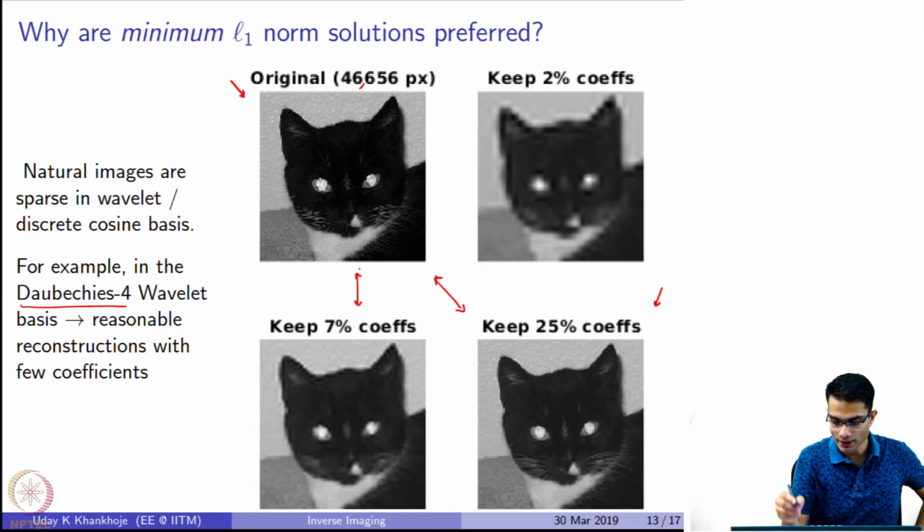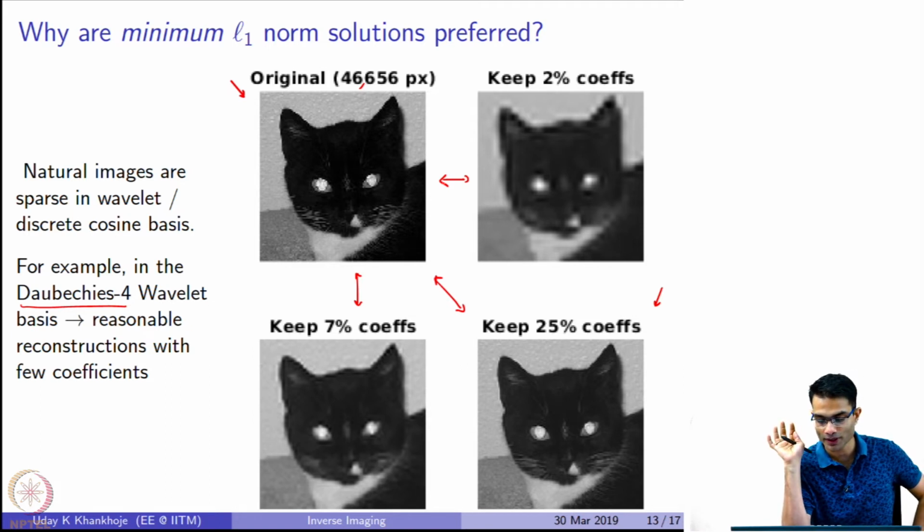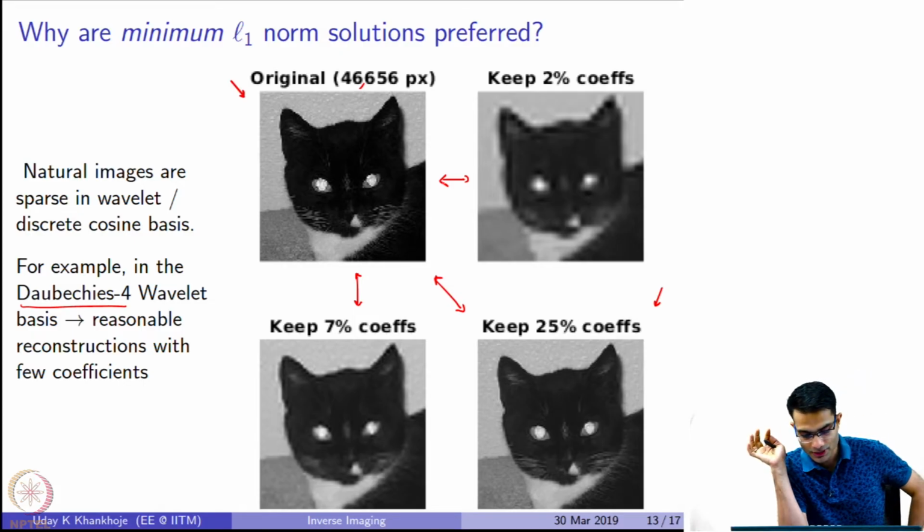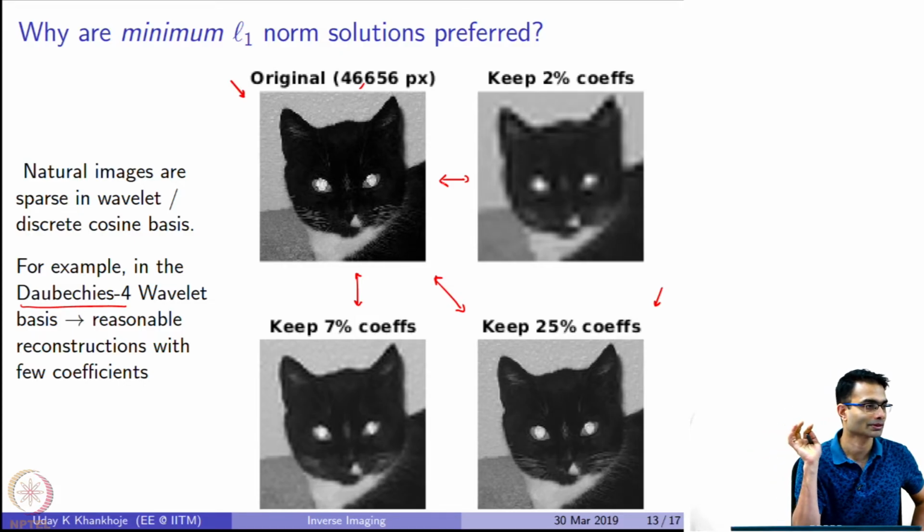Then I got even greedier, I said okay, let me keep only 2% of the coefficients, right. When I keep only 2% coefficients, this is very fuzzy, but if my question was where are the eyes, I can still answer the question. If my question is how many whiskers are there, I cannot answer this question, right?